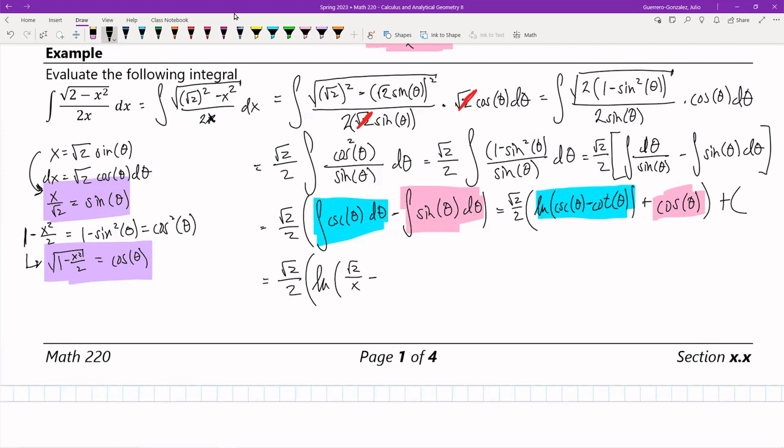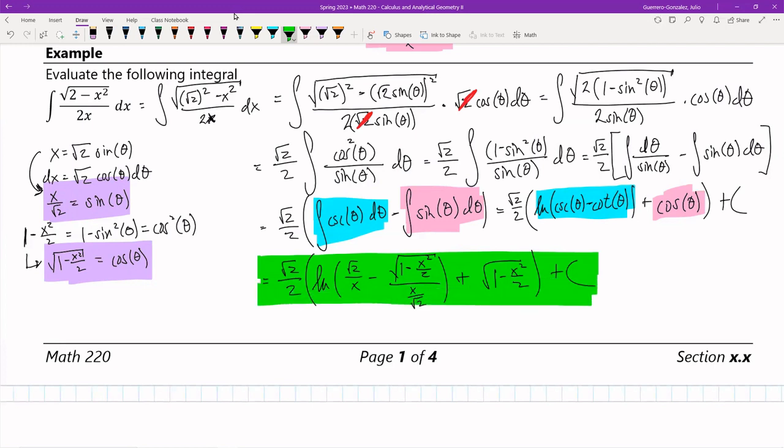That's cosine over sine, so this one divided by this one: the square root of 1 minus x squared over 2 divided by sine, so x over root 2, plus cosine of theta, the square root of 1 minus x squared over 2, plus C. You can clean this up a little bit, maybe get rid of some of the fractions, but it's not going to get any prettier than this.